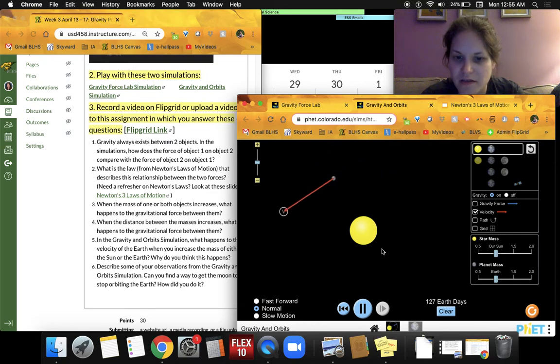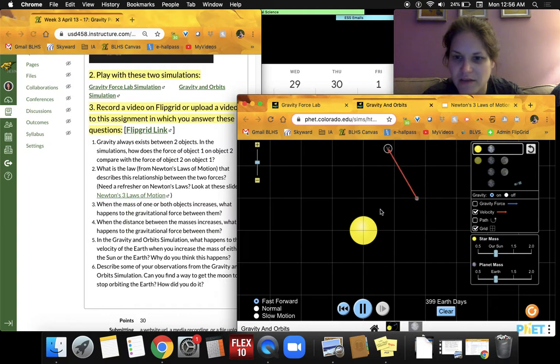It's not always the same size as it's going around. Notice that it gets closer to the Sun over here. If we put the grid on, you can see it gets closer. Put the path on, and you can see it traces a little path around. Sometimes it's closer to the Sun and it speeds up, and sometimes it's further away and it's not quite as fast.